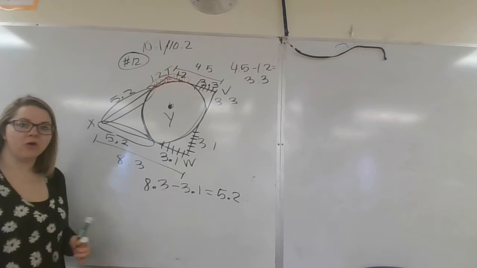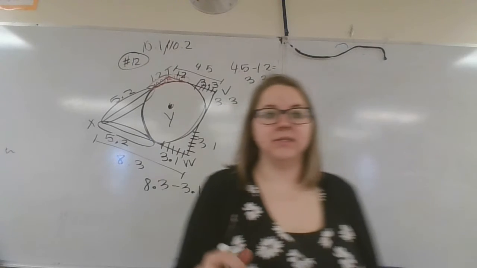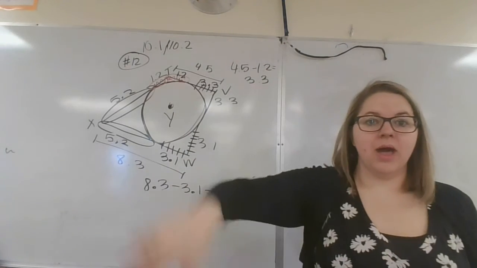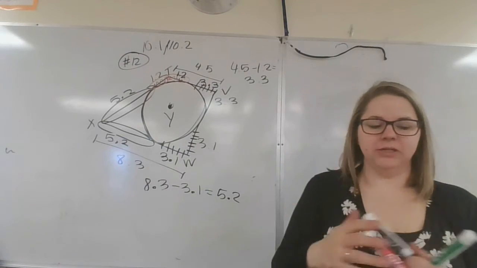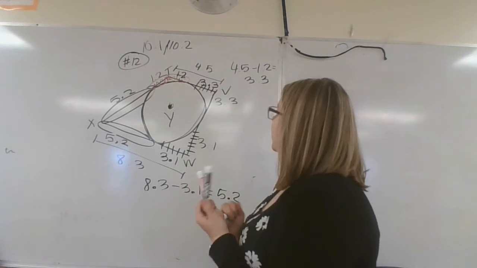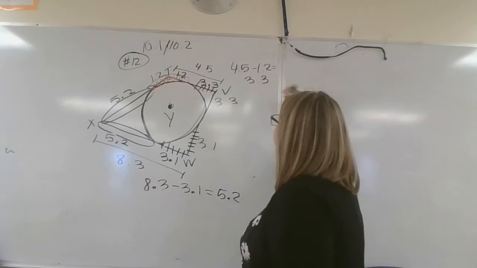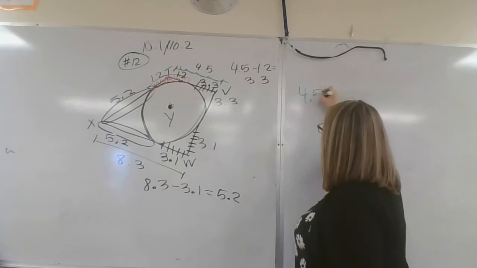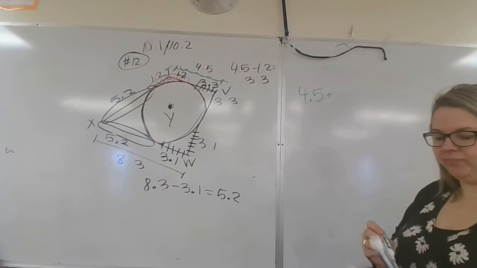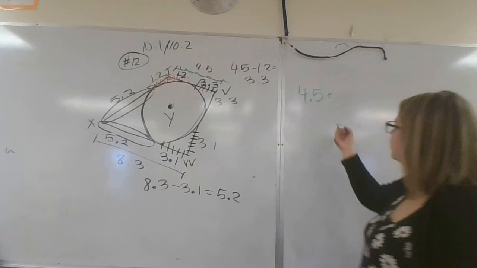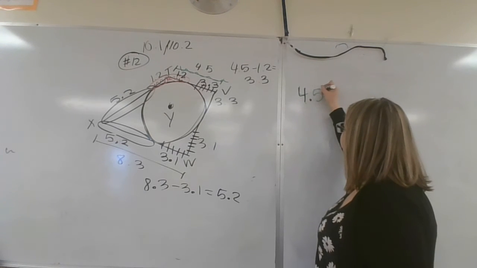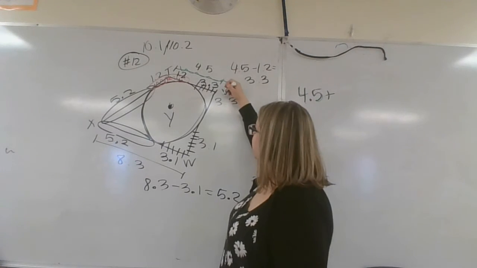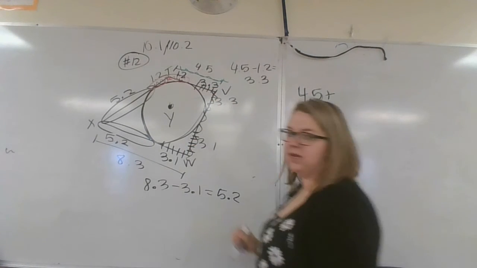Okay, so now I have all my side lengths. Remember, perimeter says I add all my side lengths together. You add your outside together to get your perimeter. That's what perimeter is. So I am going to add, this side here is 4.5, this whole side, 4.5 plus, so I got that side, and now I need this whole side here.